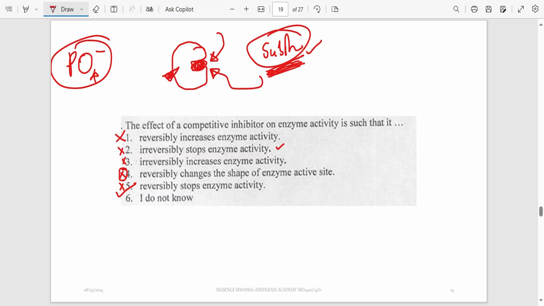They will tell you it takes 100 hours for it to move out, and by the time it's moving out you're already dead. Okay, so that's why it's nearly irreversible. Is there any other question before we go on?